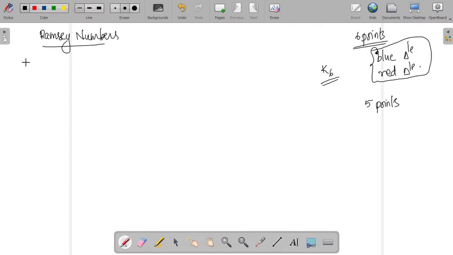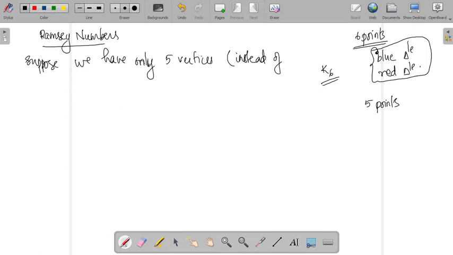Okay, so suppose we have only 5 vertices instead of 6. I am writing it as problem 1, the problem we did first. Now let us check if the conclusion is still valid.